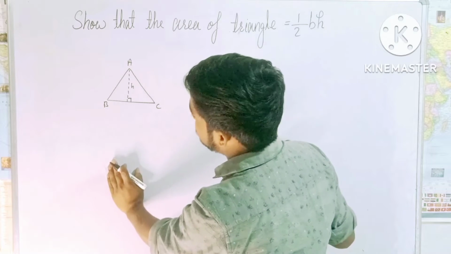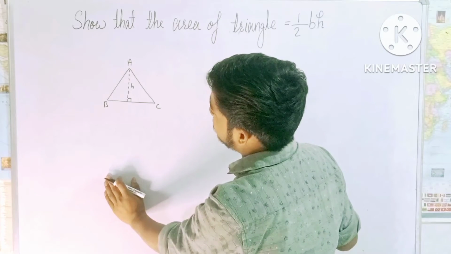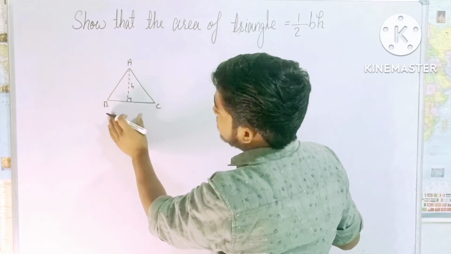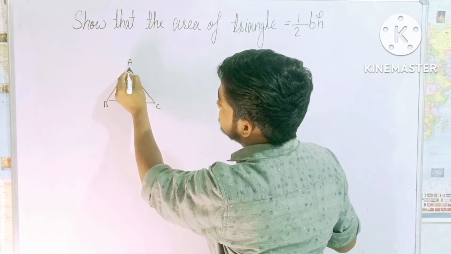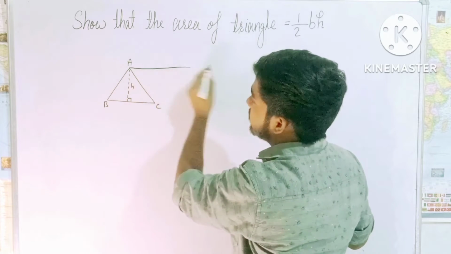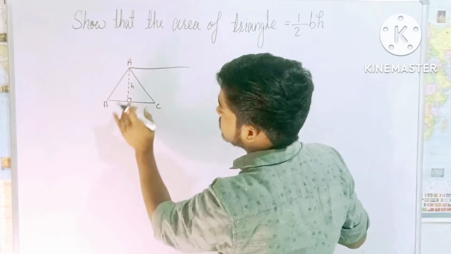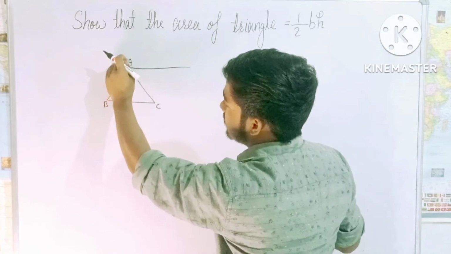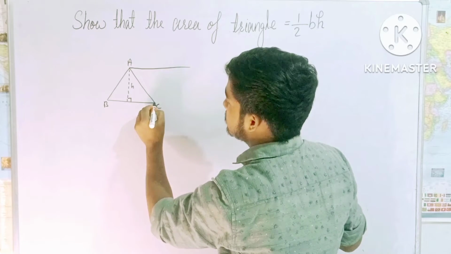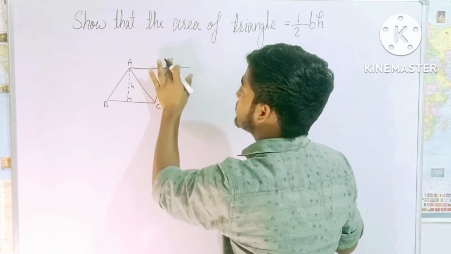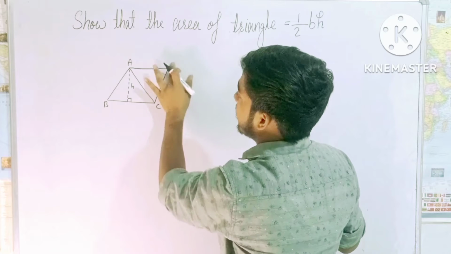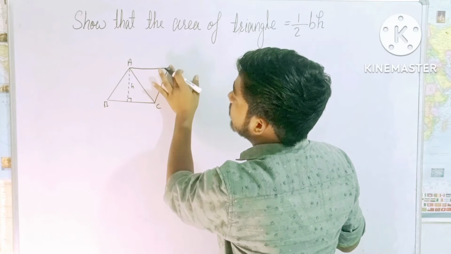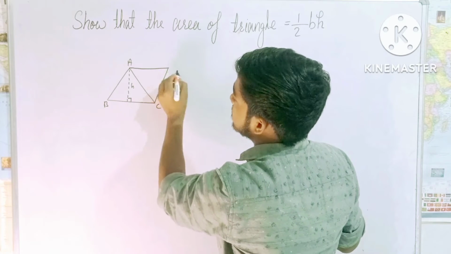First of all, we have to draw a line parallel to BC, and a line parallel to AB, and these two lines will intersect each other.